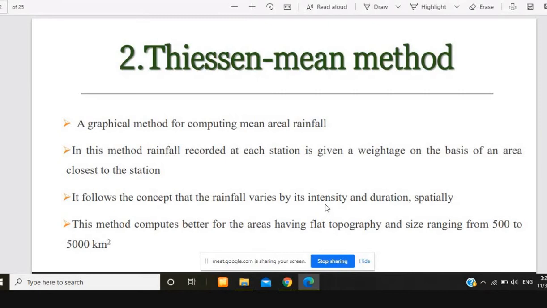The Thiessen mean method is actually a graphical method, and here the rainfall data is given weightage on the basis of the area, that is, the area closest to that station. Considering that area, we give a weightage, and on that basis we calculate the Thiessen mean or Thiessen polygon method. It's actually a graphical method.